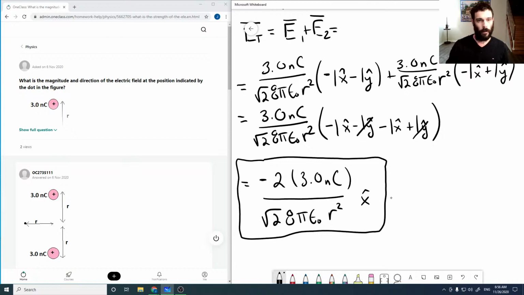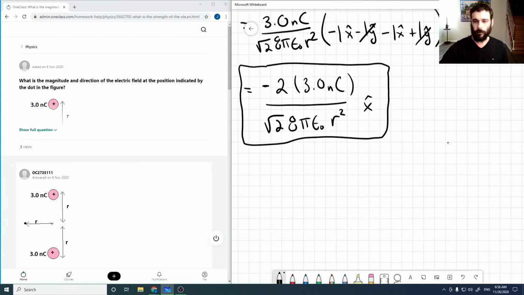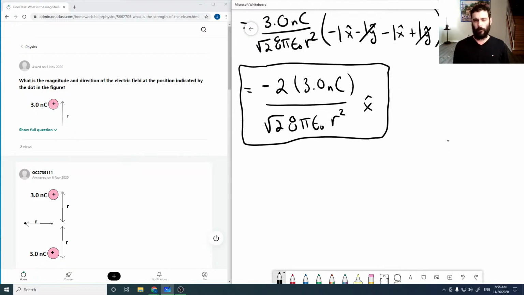So it asks what is the direction. So that's the direction. I guess I should finish the question. So the magnitude of the electric field is the square root of the x component squared plus the y component squared.